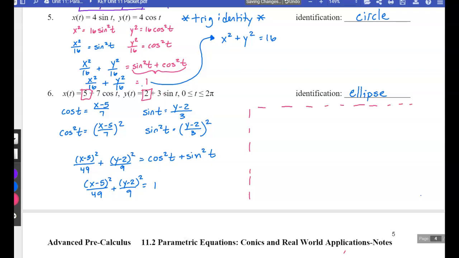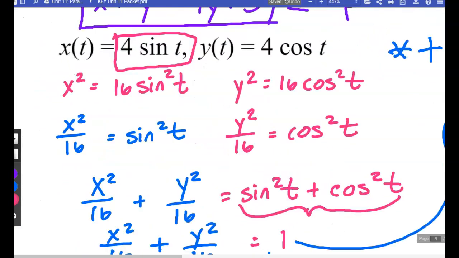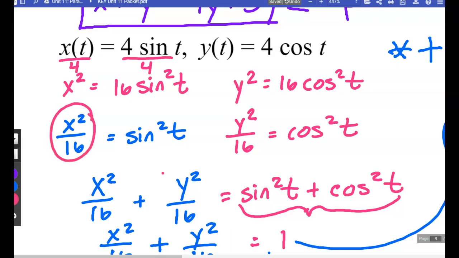It's easy to square this because 4 sine t squared is just 16 sine squared t. If you look at this, and you had instead immediately divided by 4 and squared both sides, you would have ended up with the same thing.